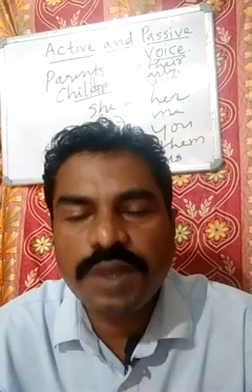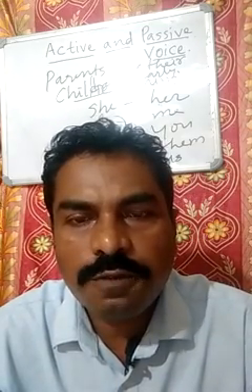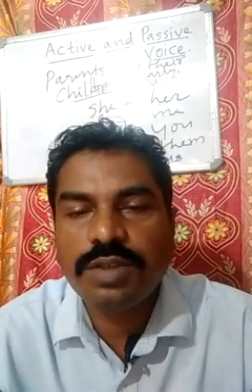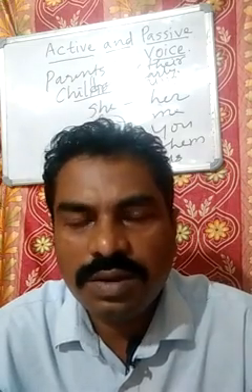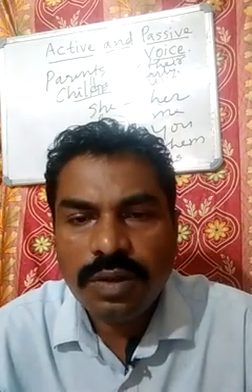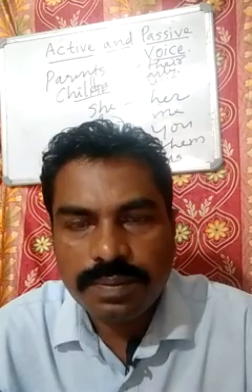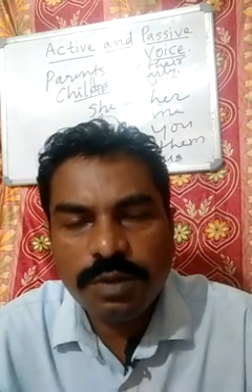If it is in perfect form, the rule is subject plus has or have plus been plus third form plus by plus object. Based on the subject, you will use has or have. As you know, has is used with the third person singular and have is used with the other persons. You will use the third form of the verb.